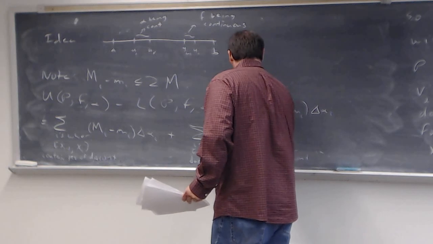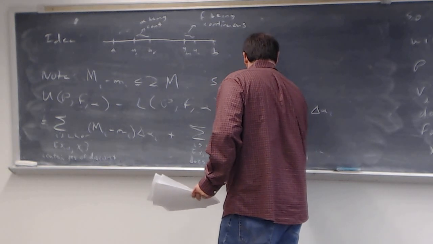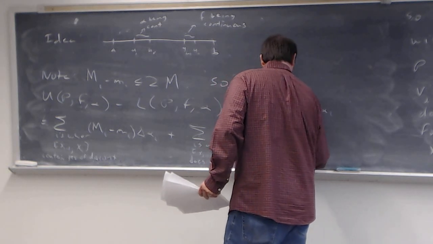And that's again big M sub i minus the little m sub i times the delta alpha sub i.